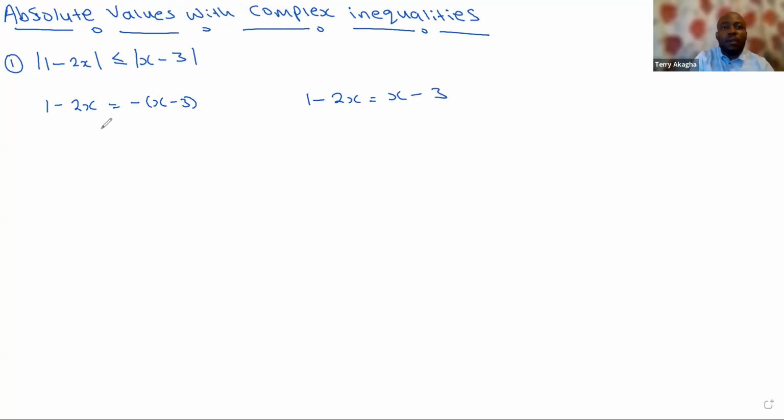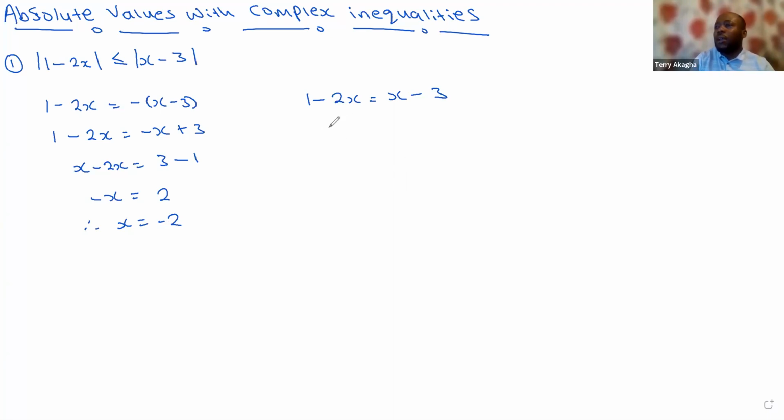You simplify, okay? You open the brackets, it'll be 1 minus 2x is equal to minus x plus 3. Collect all the x together, so it's going to be x minus 2x is equal to 3 minus 1. And this will give you minus x is equal to 2, right? So therefore, x is going to be equal to minus 2.